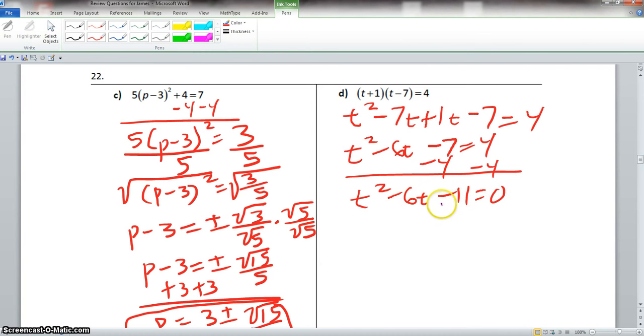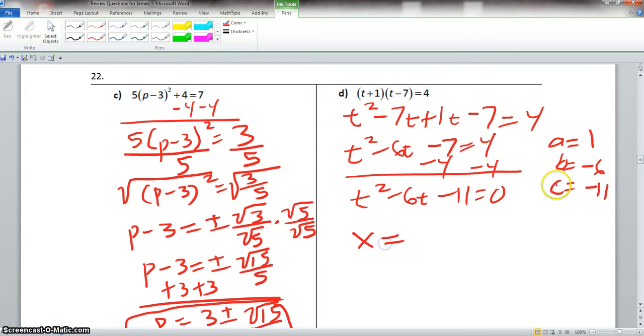Now, I believe that we should use the quadratic equation here because using the A, B, and C method that we normally use would not work in this instance, but the quadratic equation will. So A is 1, B is negative 6, and C is negative 11.